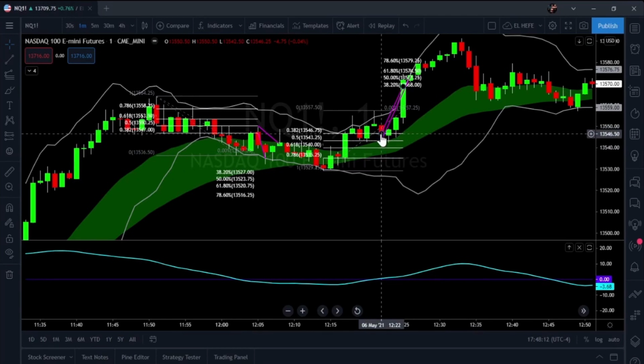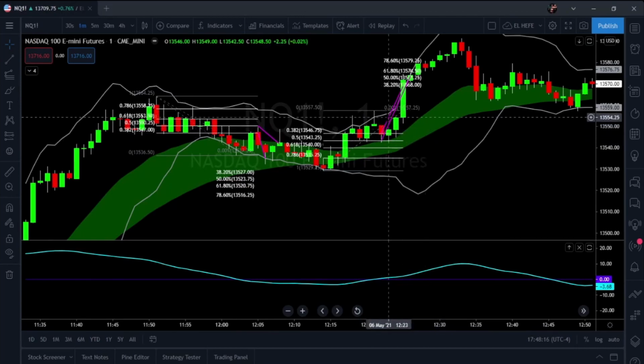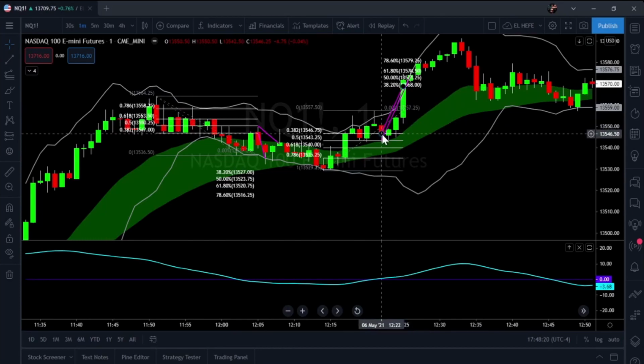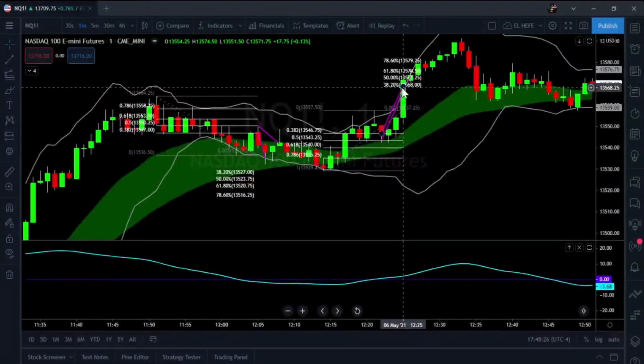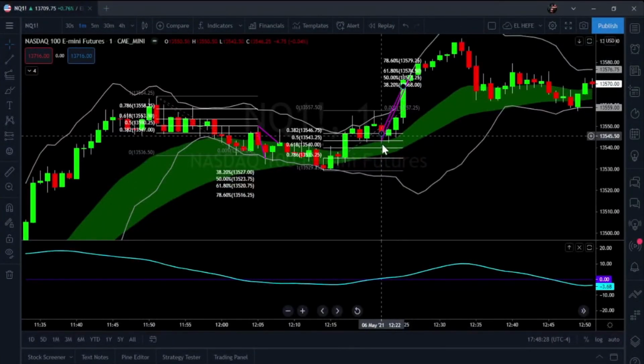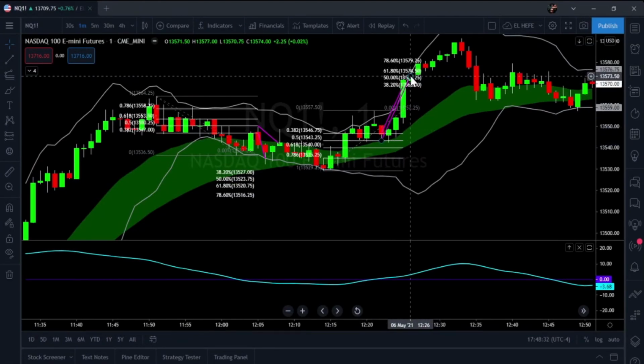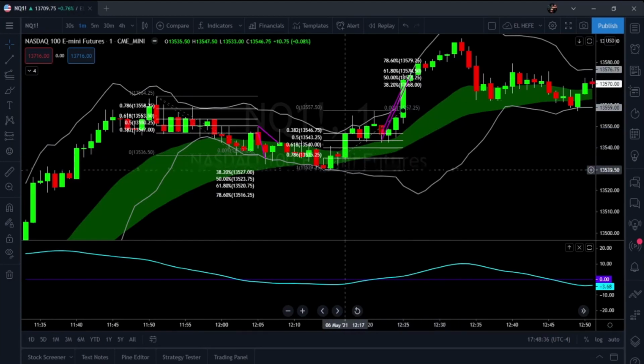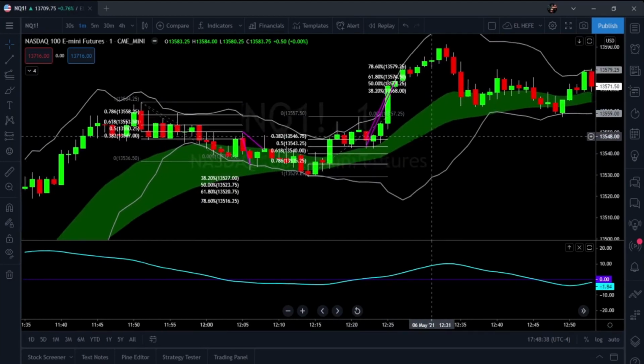Anyhow, added one at 382, added one at 0.5. I'm looking to get rid of one as soon as we bust back through the Bollinger Band, which we did up here. So was long one from 546, cut it loose at 568. Was long the other at 543 and cut it up here at target at 572. That's a pretty good little trade.